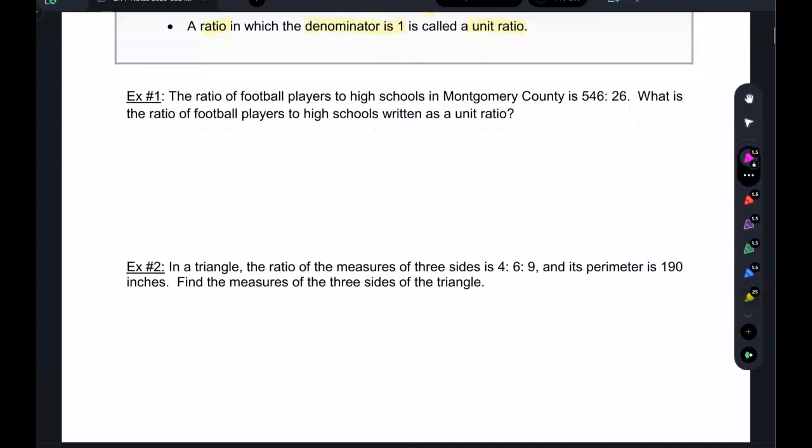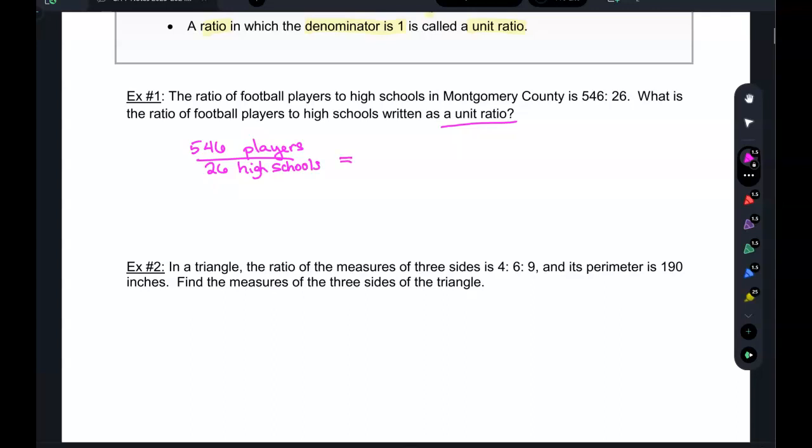Okay, the ratio of football players to high schools in Montgomery County is 546 to 26. What is the ratio of football players to high school written as a unit ratio? So we have 546 players to 26 high schools.